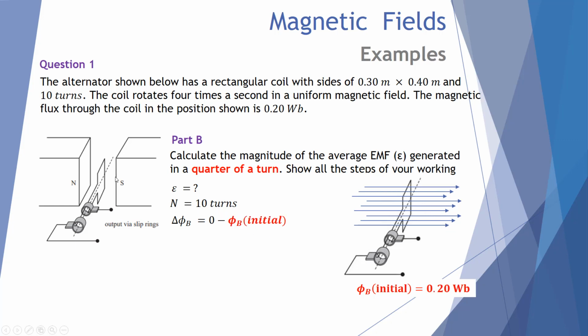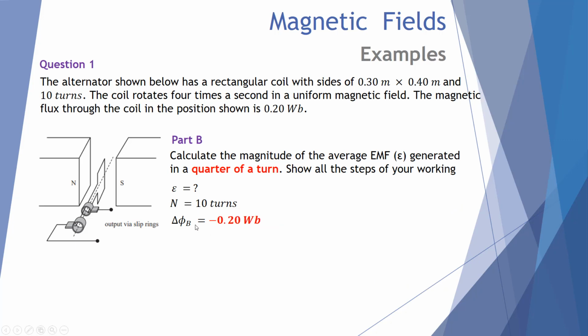Our initial value in this arrangement is a cross-sectional area that is perpendicular to the magnetic field lines threading through it. And we were told earlier that that had a flux of 0.20 Weber. So our initial value was 0.20 of a Weber. So that gives me a change in flux of minus 0.20 Weber. Our change in time is a quarter of the total rotation, the total period, because we're analyzing a quarter of a turn.